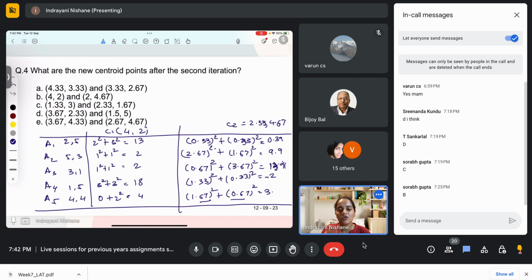You remember when we were discussing clustering techniques, I told you when to stop, because it's an iterative process. We stop when the members of the clusters remain constant. So it may happen that the same elements belong to one particular cluster now also. In that case the centroid will remain the same, the data points belonging to that cluster will remain the same, and we will stop at this iteration.